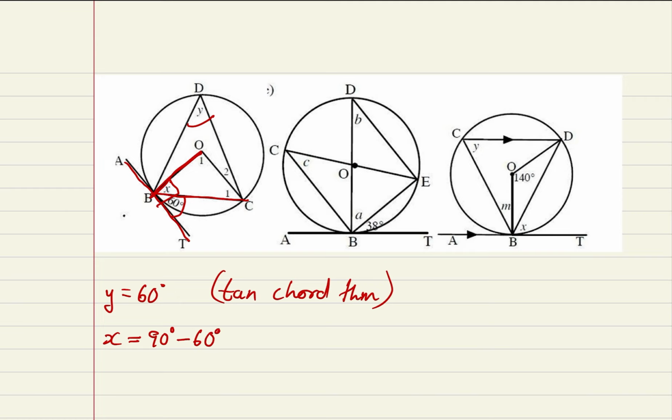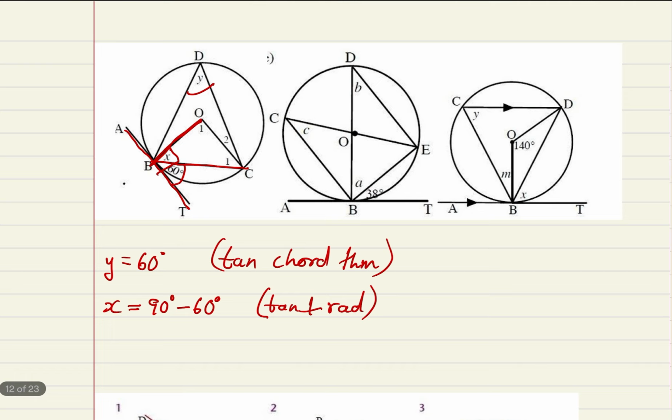Why? This is a tangent perpendicular to the radius, or vice versa, radius perpendicular to the tangent. Hence x here will be equal to 30 degrees. So I'm done with that one.